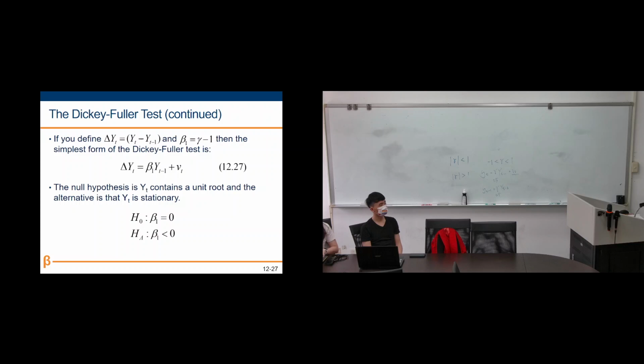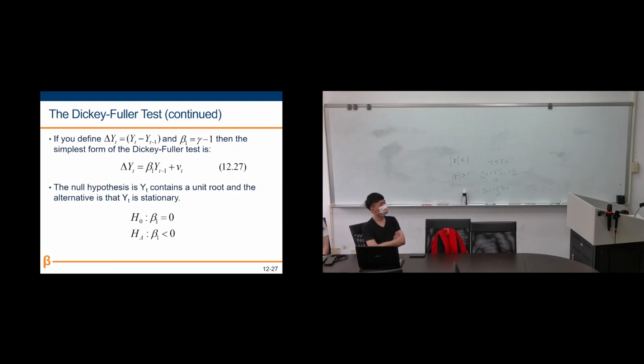This is the custom, also the habit. We always do that. So you need to know delta y t is defined using t minus 1. But do not do the reverse. It's using y t minus 1.